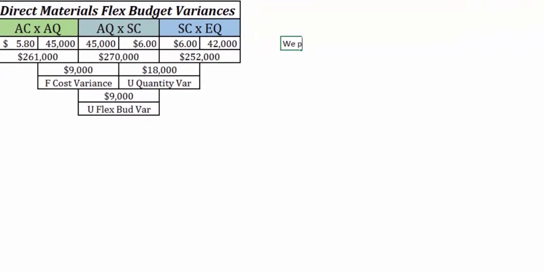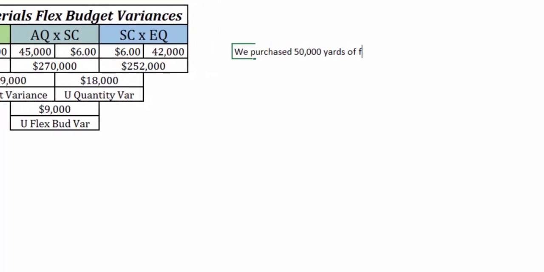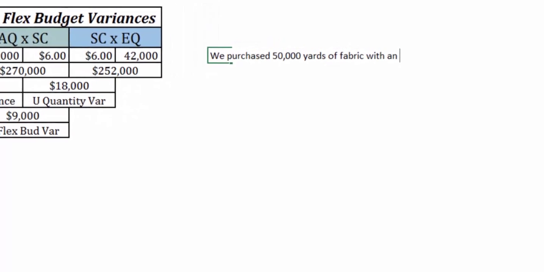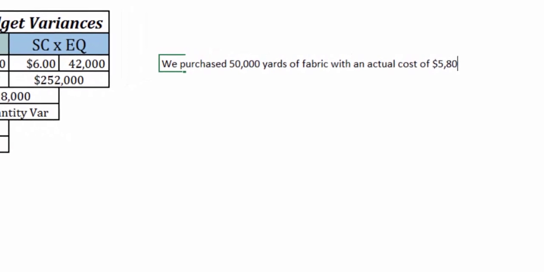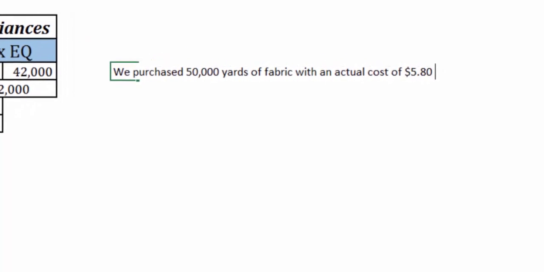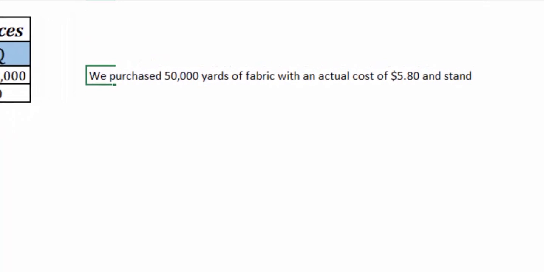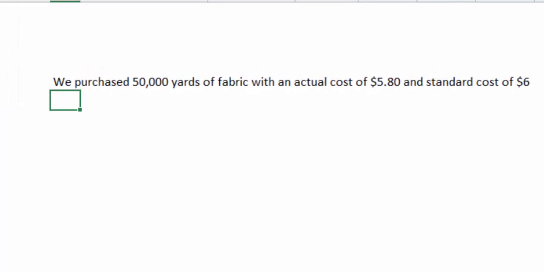We purchased 50,000 yards of fabric with an actual cost of $5.80 a yard. We got that from our table, and a standard cost of $6 per yard. So we need to record this.